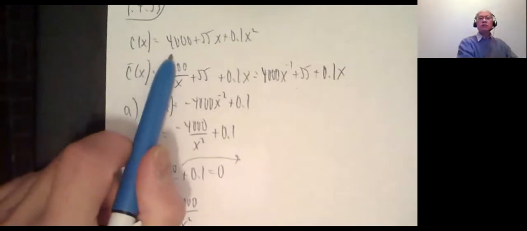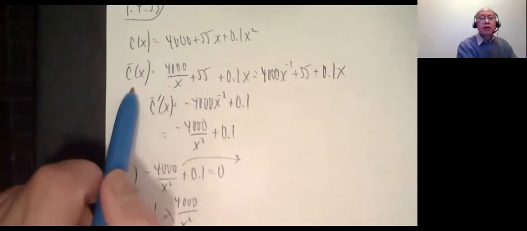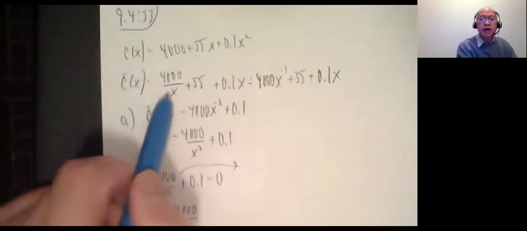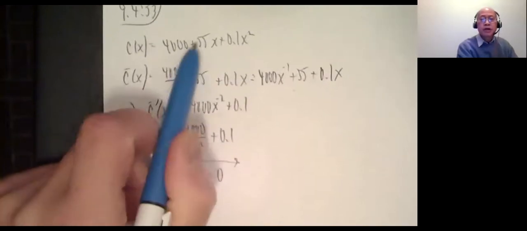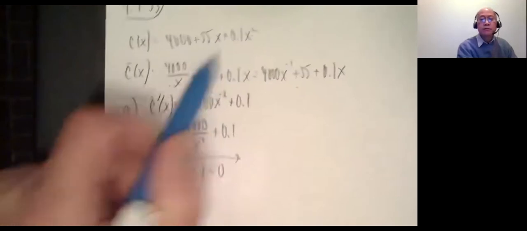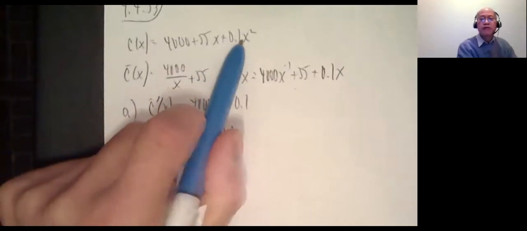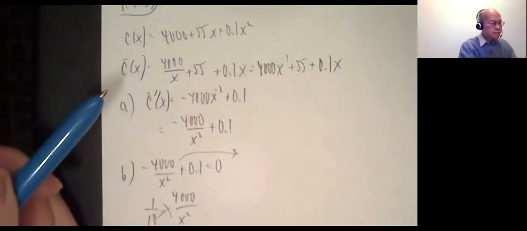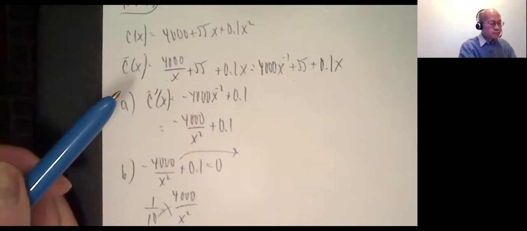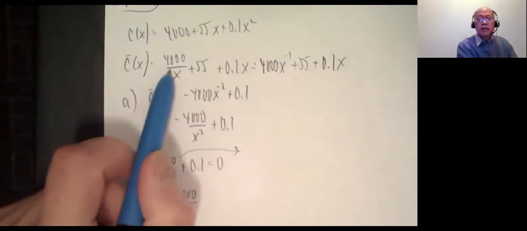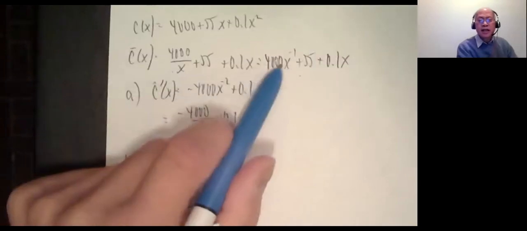So here's the original. C bar means divide all of this by x. So 4,000 divided by x. 55x divided by x is just 55. And 0.1x squared divided by x is 0.1x. Okay, so rewrite this as 4,000 x to the negative 1, right?